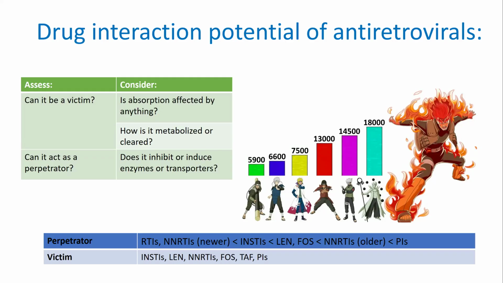And then as you go further down, the newer agents and reverse transcriptase inhibitors, there's even less likelihood of drug interaction potential in terms of being perpetrators. Now, that being said, almost all of these classes are also at risk of being victims of drug interactions.